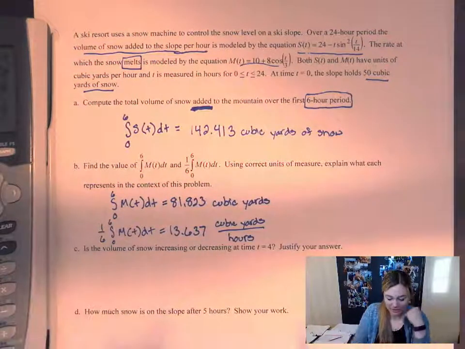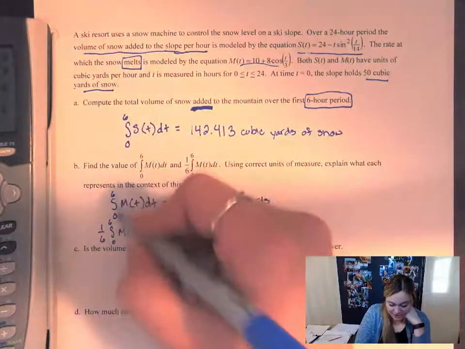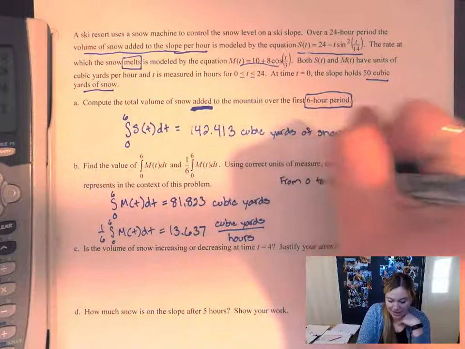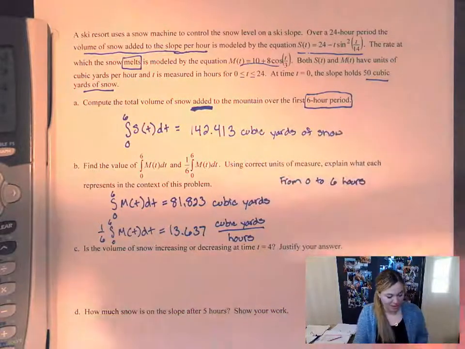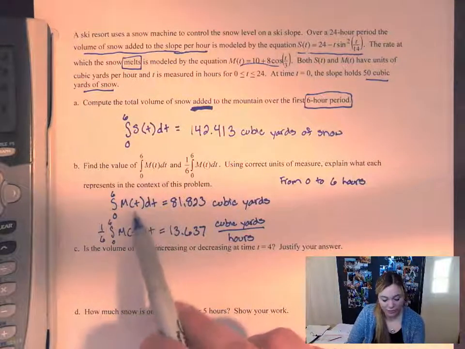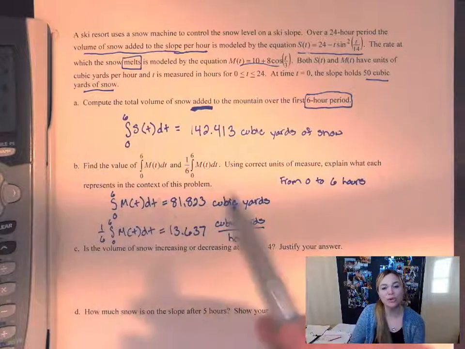So let's think about what this means. So this is from 0 to 6. 0 to 6 what? From 0 to 6 hours. Remember, this was the melting rate, so I have to think about, if I integrate, that's how much snow has melted.